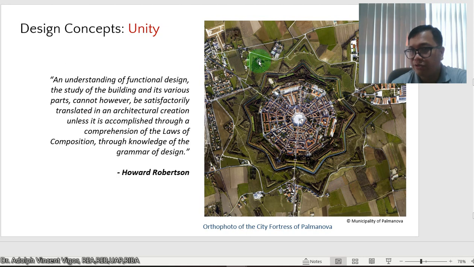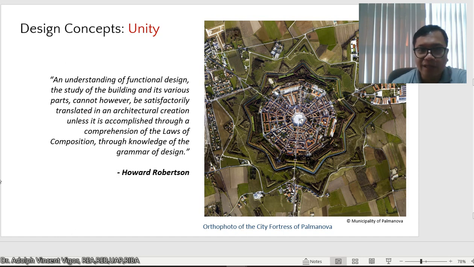And I think the walls are also sloped in order to distribute the force of the cannon when it's fired.